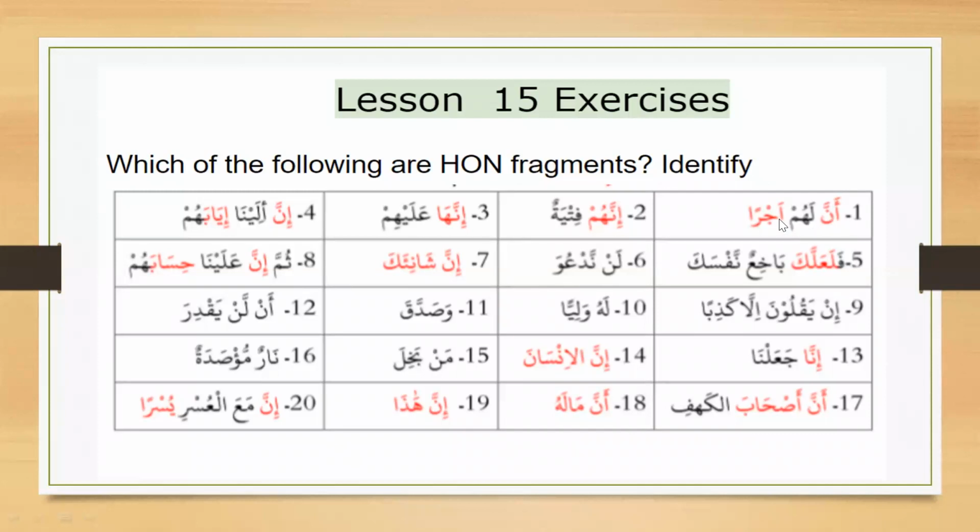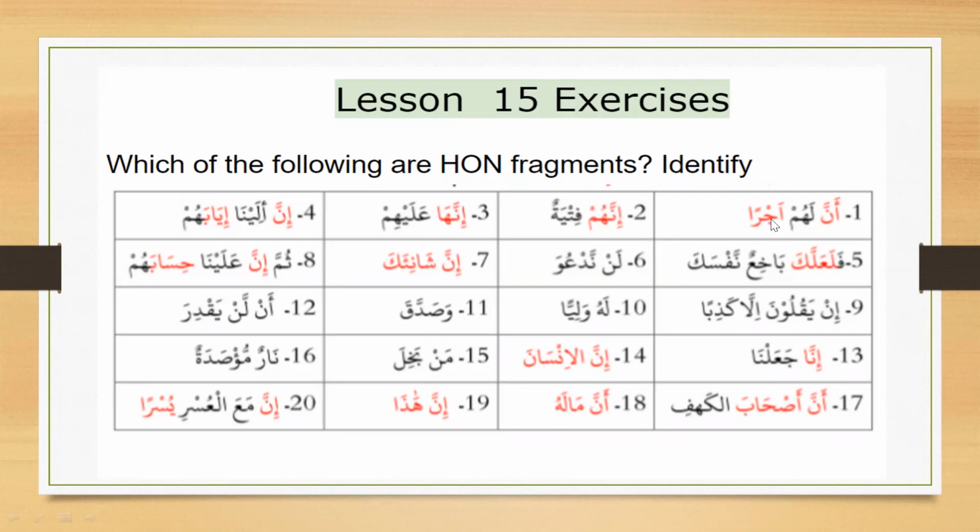So which other ism can it be? You can write your answer in the chat window. Which ism is in nasb status? If whom is not in nasb status, then which ism? Ajran, right? Because ajran ends in two fatha, so this is in nasb status.